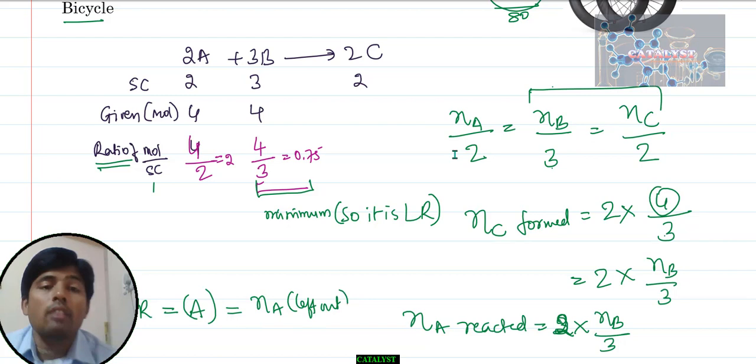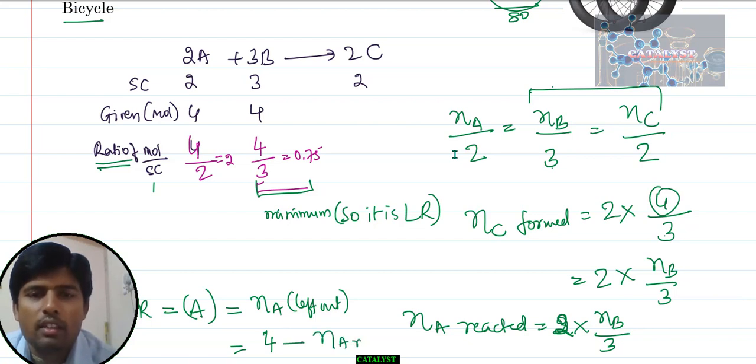That means some quantity of A will remain unreacted. That will be equal to the initial number of moles, that is 4 moles here, minus the number of moles of A reacted, which I have already shown how it is calculated here.